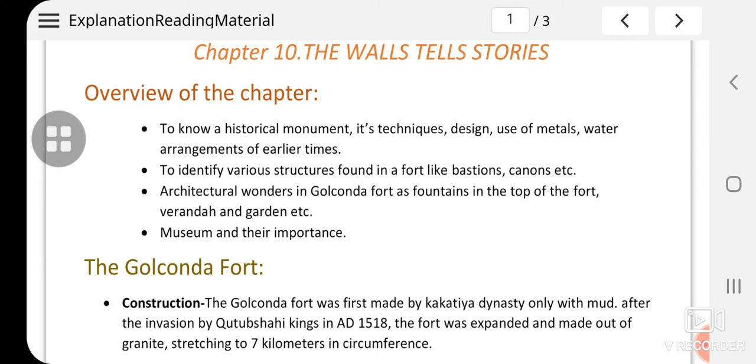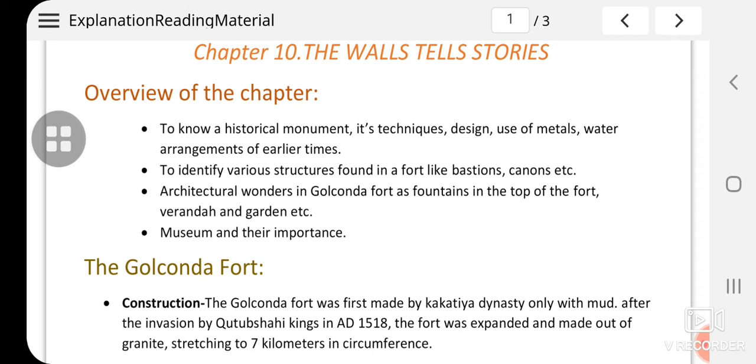Architectural wonders in Golconda Fort, such as fountains on the top of the fort, veranda, and garden. So, how is the Golconda Fort made, what architectural wonders are there. These days, we ask our architects to build our house, and this is the architecture from such a long time back of the Golconda Fort, and still it is a wonder.